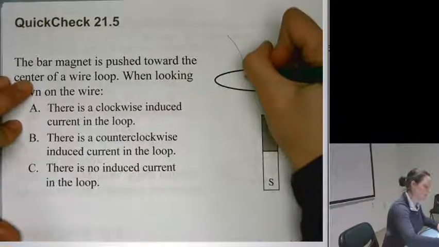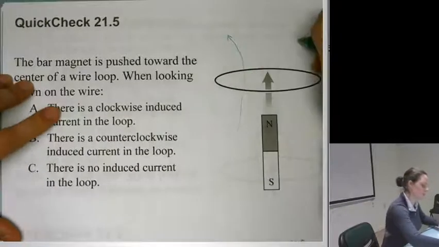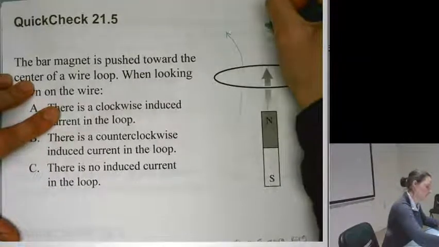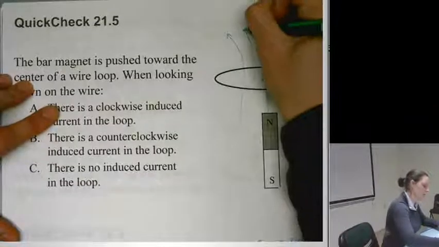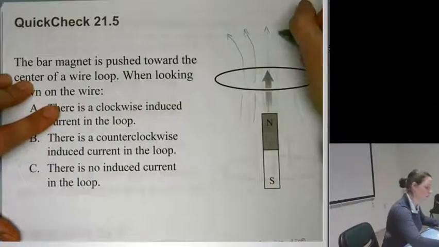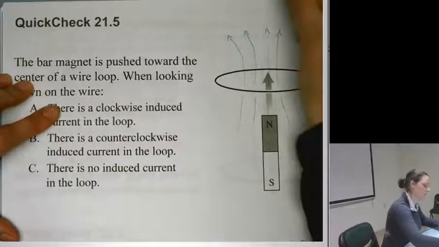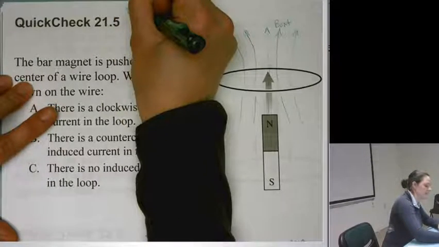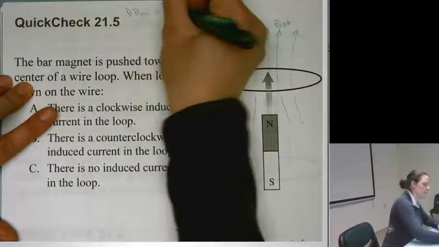So I'll say that B external looks like this. So my first step is that B external is up and getting stronger.